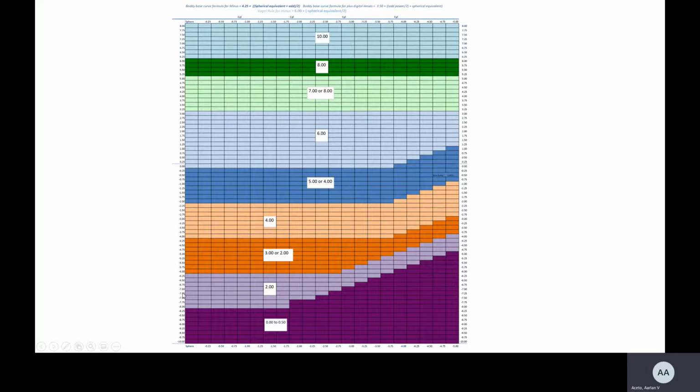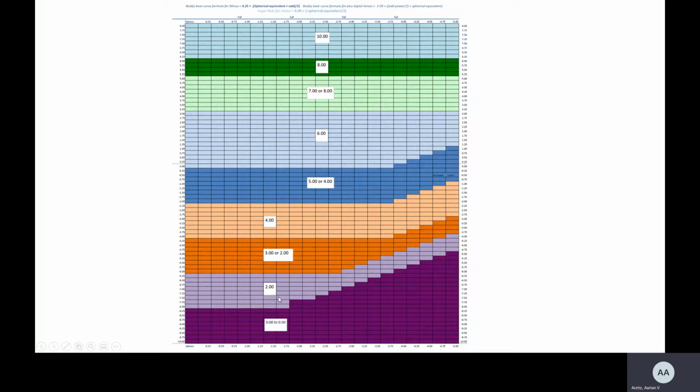Because remember, by having two different meridians, where one's significantly more minus than the other, you arguably are going to need a flatter base curve the more minus cylinder you have in there. So for example, if I had a -7.75 sphere and go all the way down to a -1.75 cylinder, this surfacing chart says, here's my -7.75, here's my -1.75 cylinder.